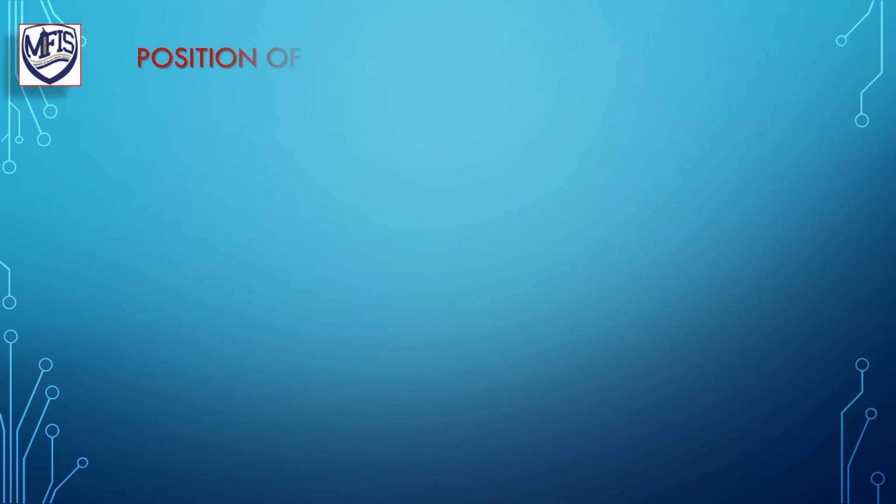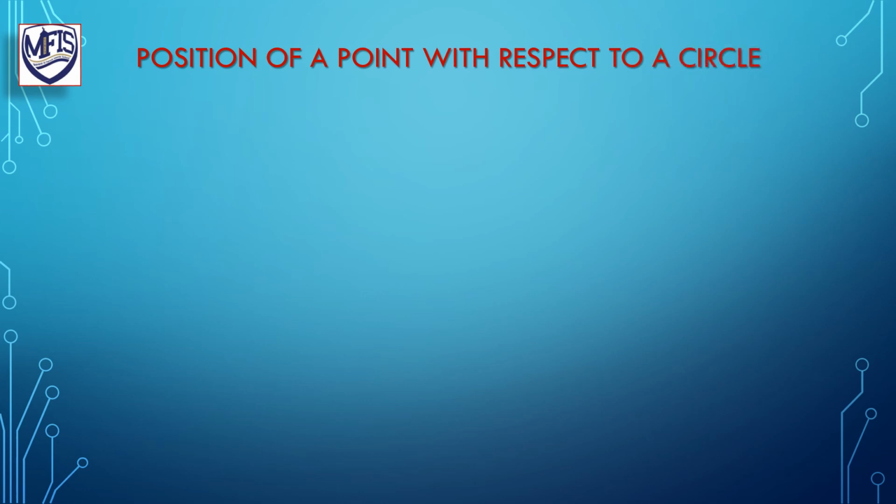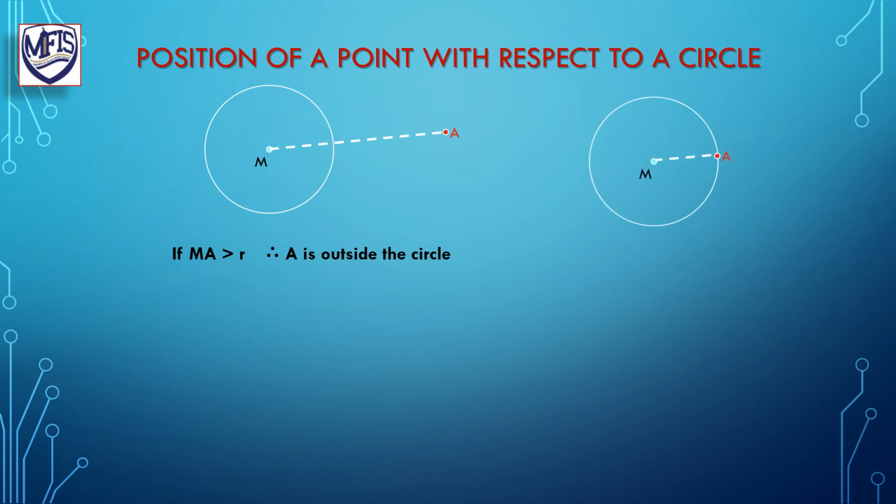Let's summarize the 4 positions of point with respect to a circle. First one, if MA is greater than R, then A is outside the circle. Second one, if MA equals R, then A lies on the circle. The third, if MA is smaller than R, then A is inside the circle.